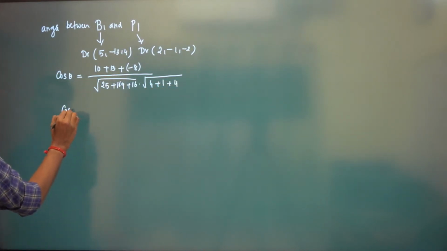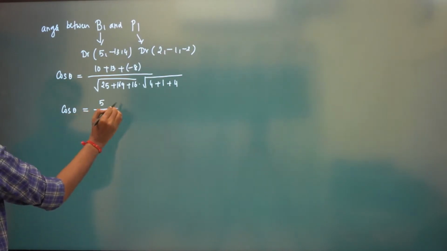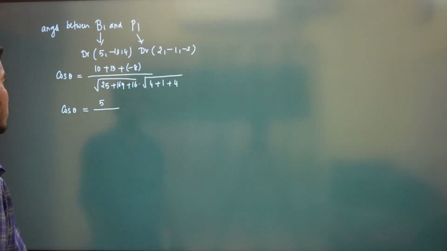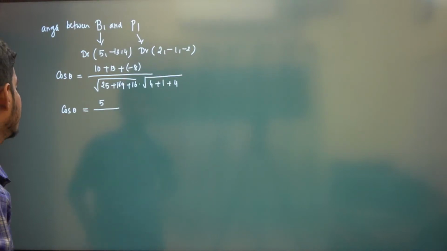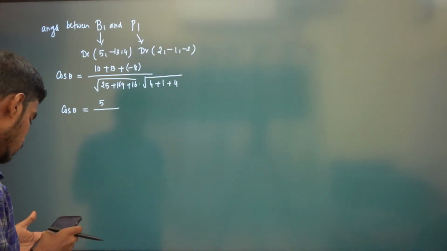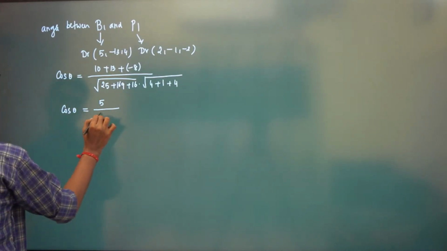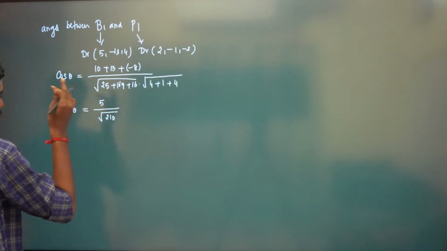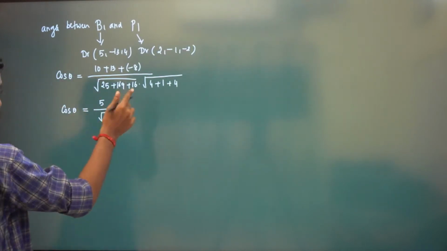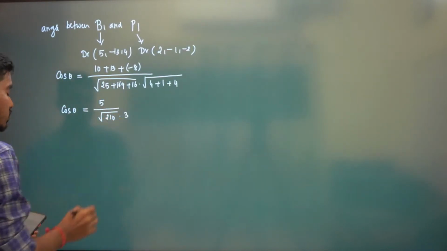So you will have cos theta is equal to 10 plus 13 minus 8, that is 15, divided by 169 plus 16 is 185, 185 plus 25, that will be root 210, into 3 because this is root 9.